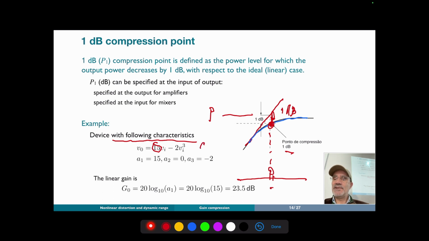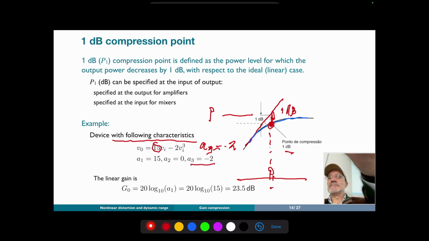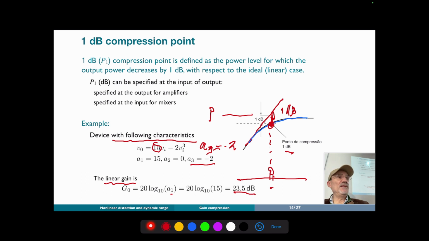And here A3 is equal to -2. Okay? That's shown here. And so in this case, the linear gain is just obtained by taking 10 log of the first order coefficient, which gives us 23.5 dB.